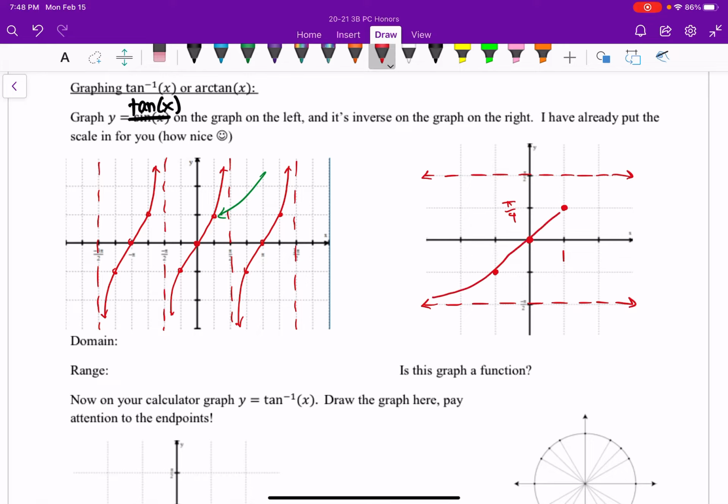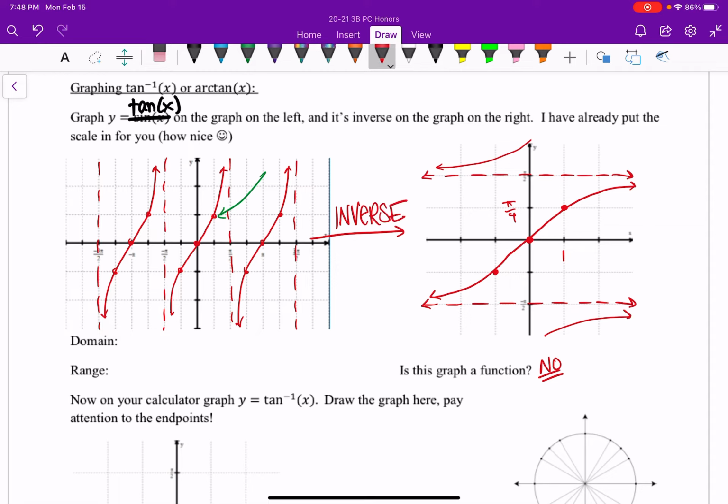So that would be one branch of our inverse tan function, right? And if I actually graphed the full inverse, I would get all these multiple branches. So again, to start, this is not a function if we just take the graph and switch x's and y's, but they make it a function.